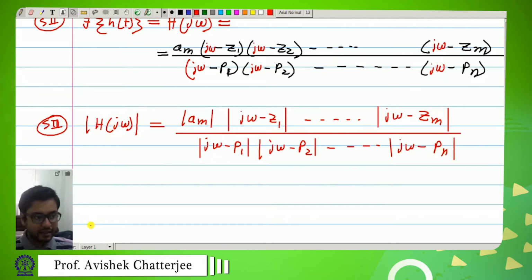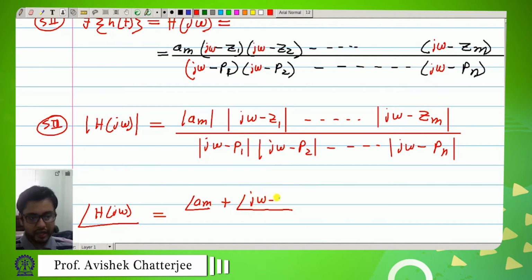And the angle or phase of H(j omega) will be equal to angle of Am, then plus angle of j omega minus z1 plus angle of j omega minus z2 plus dot dot dot plus angle of j omega minus zm.